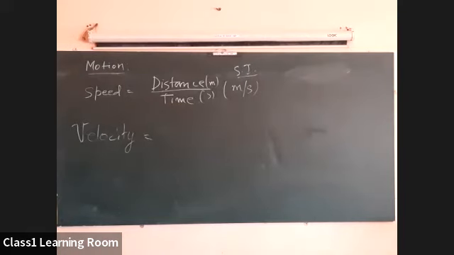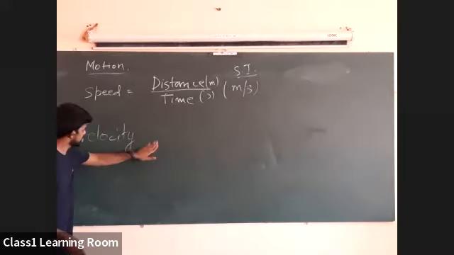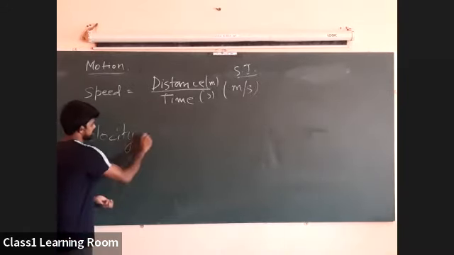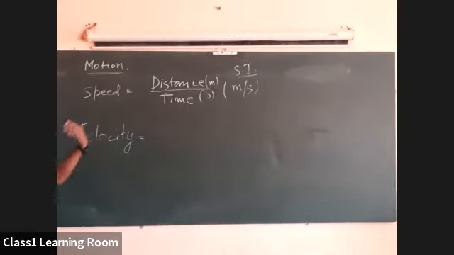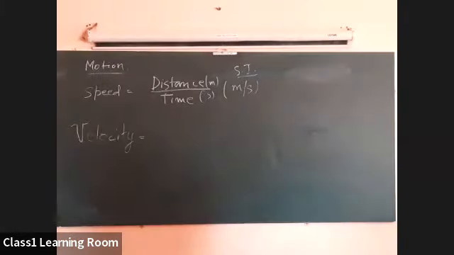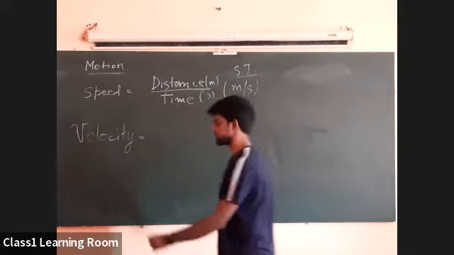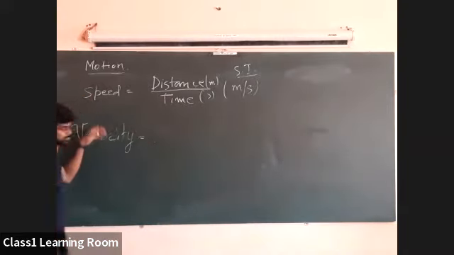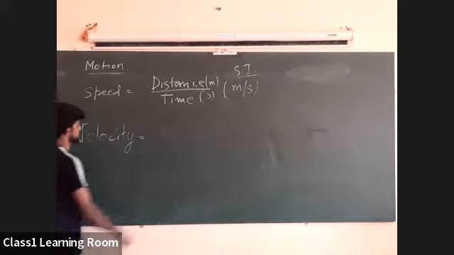Yes, in mathematical terms, the displacement per unit time is the velocity, right? We'll see about vectors and scalars later. First, we'll do one problem, then we'll see in depth the difference between speed and velocity.